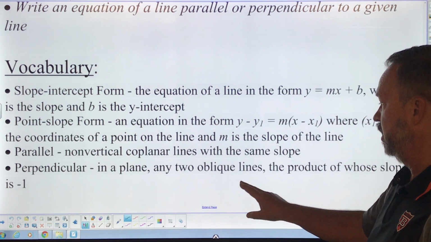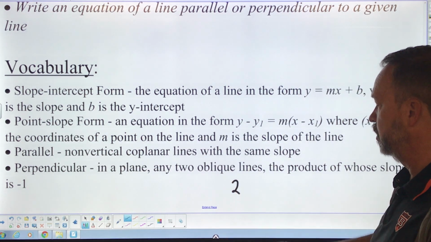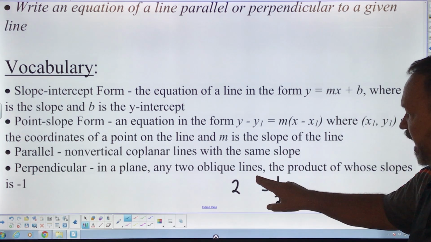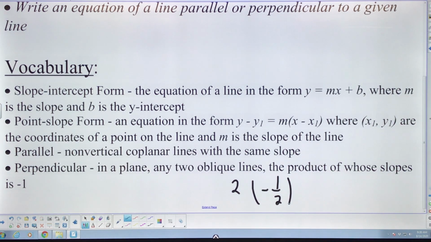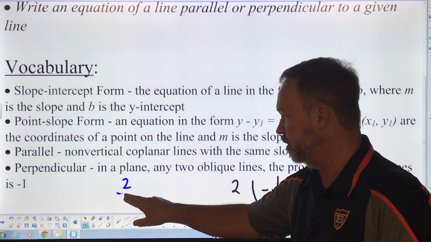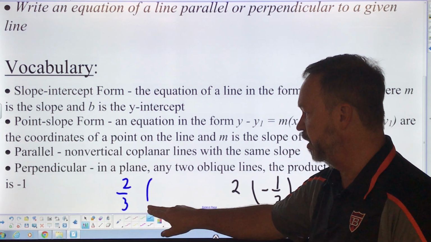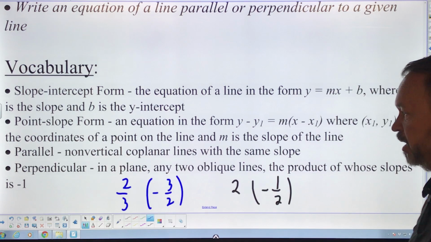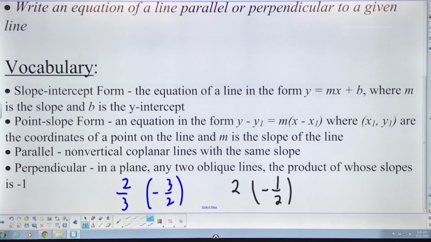In other words, if there's a slope that's 2, its perpendicular has a slope of -1/2. Because what happens when you multiply those two things together? You get -1. If you have a line whose slope is 2/3, what's the slope of its perpendicular? A -3/2. Because when you multiply those things, what do you get? A -1.